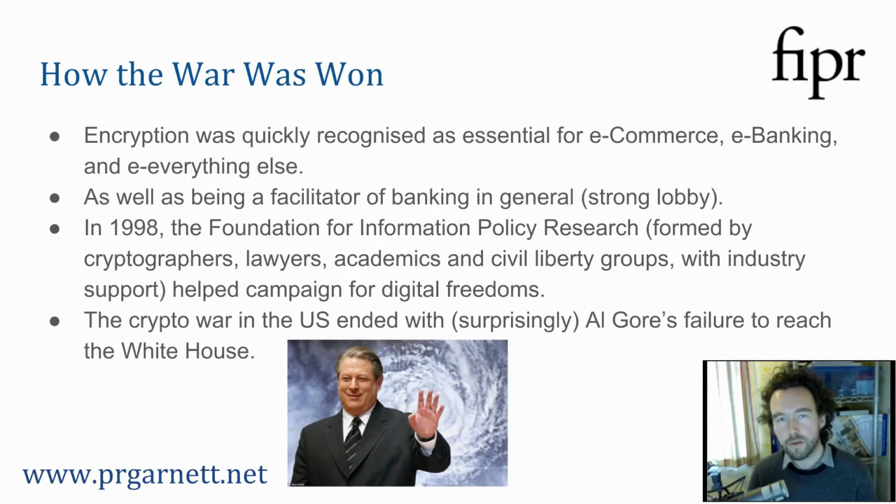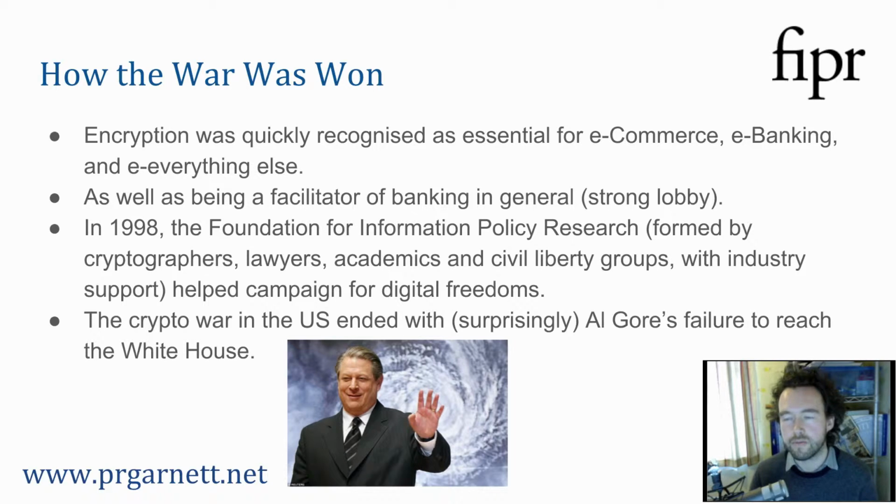It was commonly believed that the cryptographers and these things called cypherpunks won the first crypto war. This was partly because cryptography was widely recognised as being essential for e-commerce, e-banking, and pretty much e-everything, really. If you wanted to secure any kind of electronic communication, encryption was the way to do it.